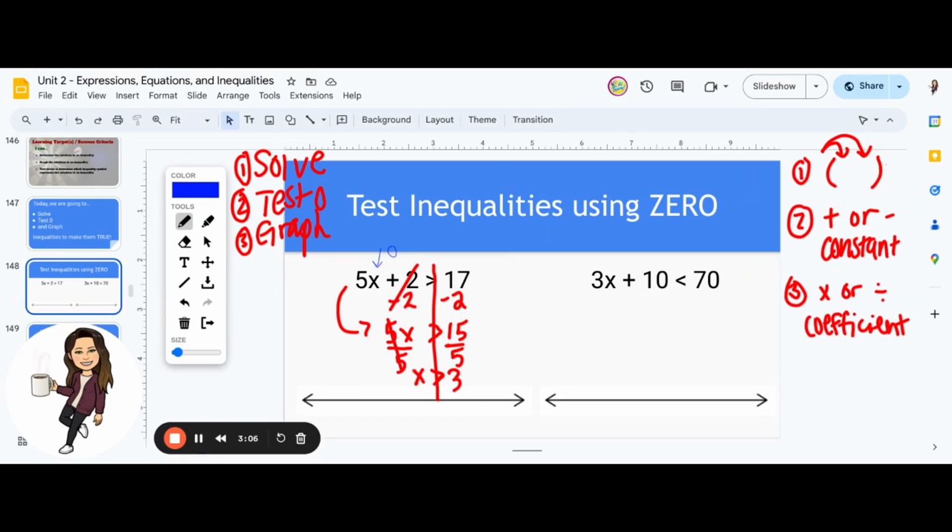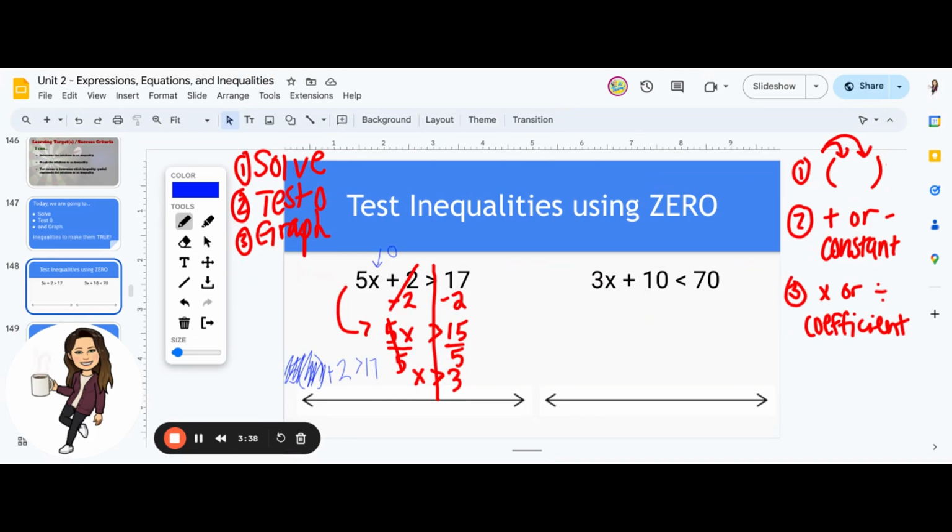And the beautiful thing about plugging in a 0 is that your term with your variable is just gone, because 5 times 0 is just gone. 5 times 0 is 0 plus 2 greater than 17. So really what happens is you can just kind of cover up the 5x with your finger, and what you're left with is 2 is greater than 17.